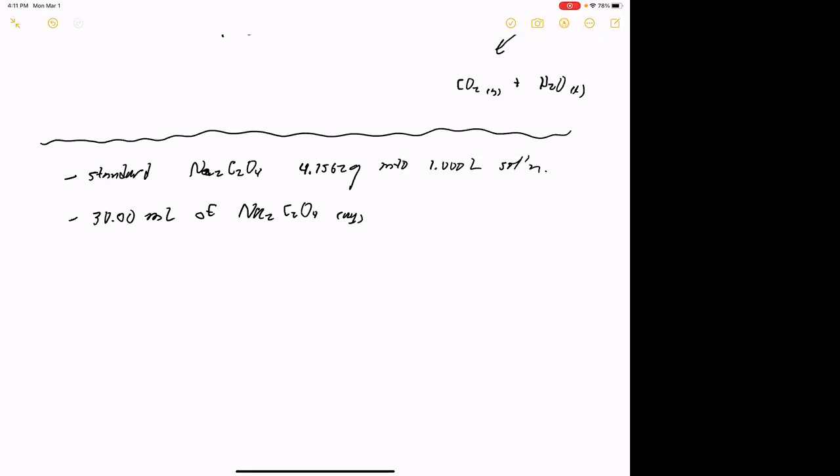And I'm going to titrate it with KMnO4. And it actually takes, to get to my endpoint, 25.22 mL of the KMnO4 solution. So that's to my endpoint.